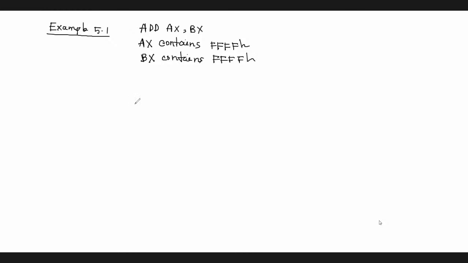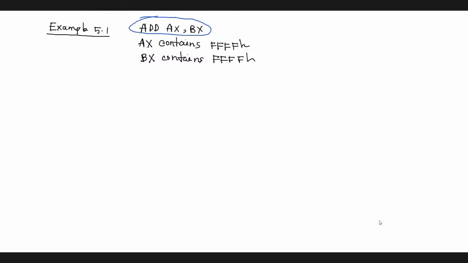So both AX and BX contain FFFF, and you have to perform this operation: add AX comma BX. That is what you have to perform.